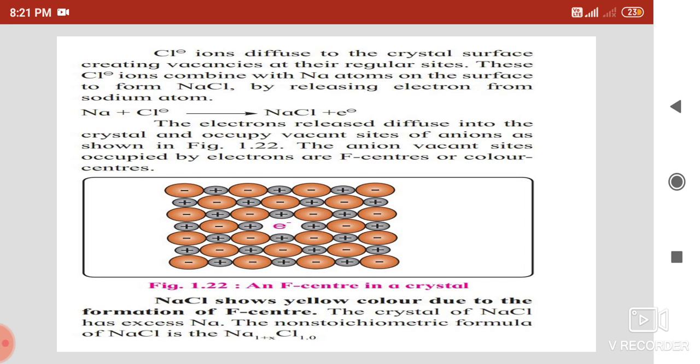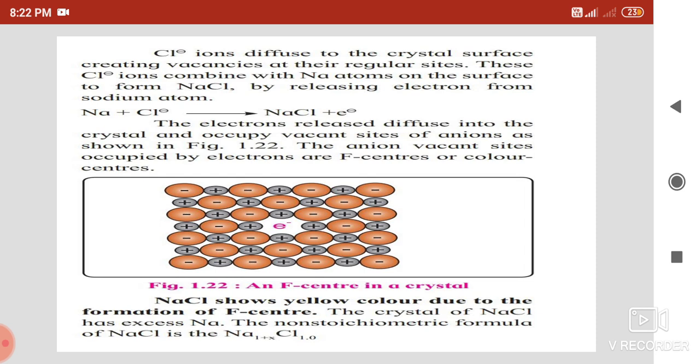These Cl- ions then combine with the sodium atoms on the surface to form NaCl, by releasing electrons from the sodium atoms, as you can see in the figure. The released electrons diffuse into the crystal and occupy vacant sites of the anion as shown in the figure.